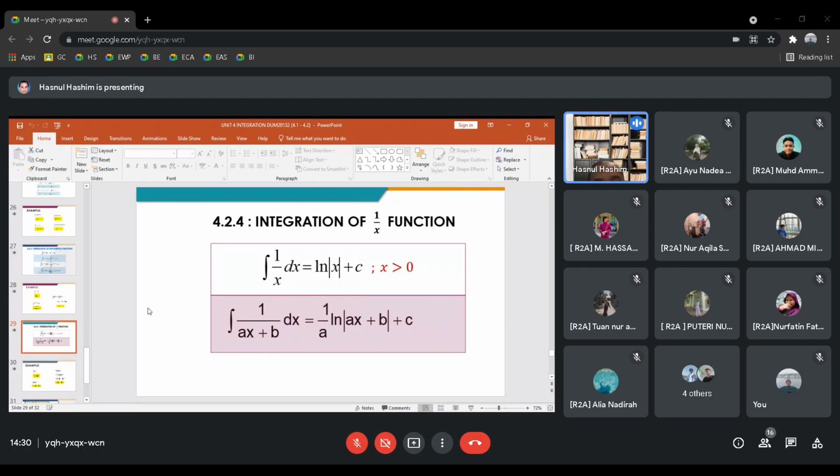When we integrate 1 over x, we have ln of modulus x plus c. When we integrate 1 over ax plus b, we have 1 over a ln of modulus ax plus b plus c. So the modulus here means that what comes out of the modulus must be positive.